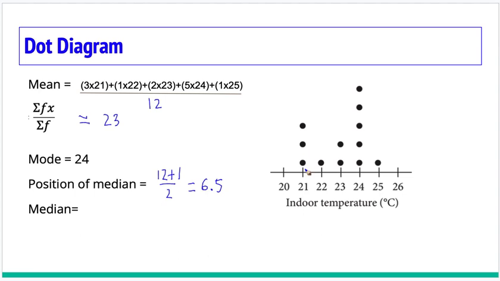So let us count from bottom up. 1, 2, 3, 4, 5, 6. So the 6th score is 23. The 7th score is 24. The median is 23 plus 24 divided by 2. And the median is 23.5.